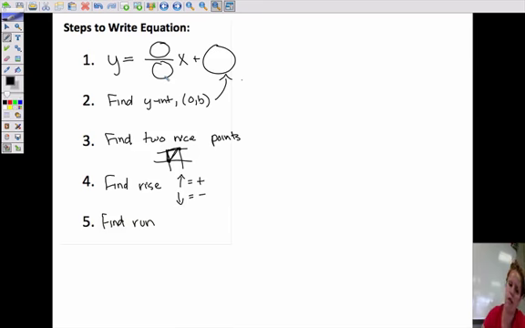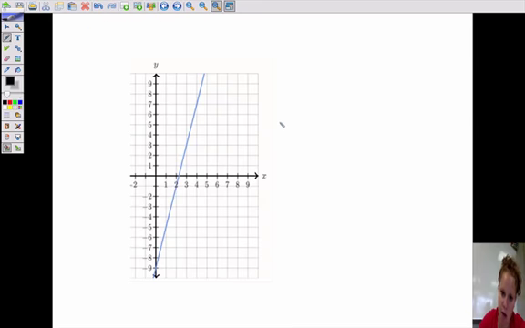So let's try it. Here we need our blanks. y equals rise over run times x plus blank. Okay, I need to find the y-intercept. Here my y-intercept is (0, -9). So that means my b is -9. Then I need 2 nice points. I've got 1 nice point there, and another nice point here.